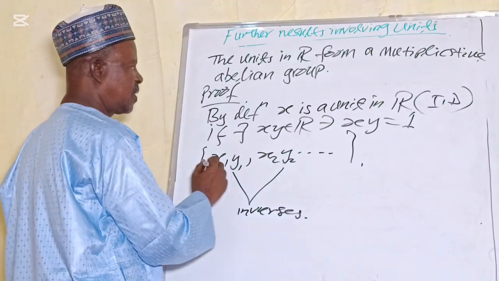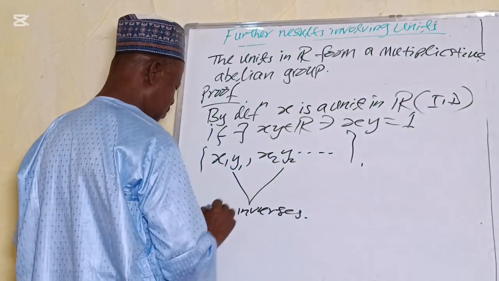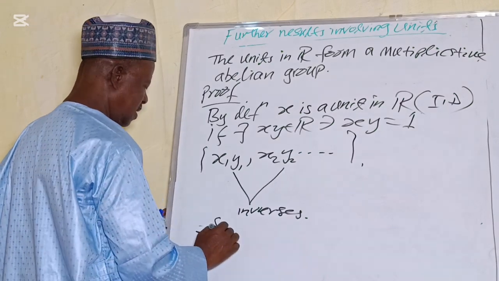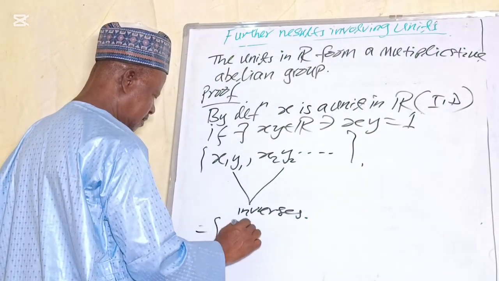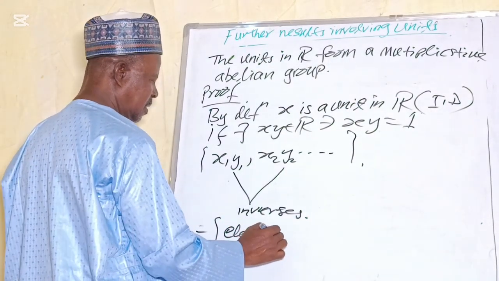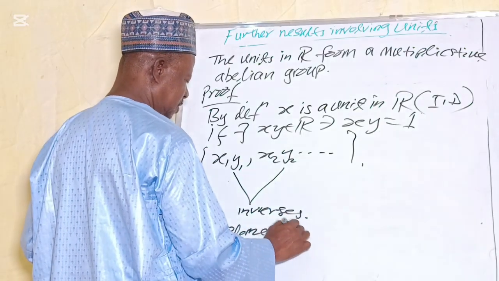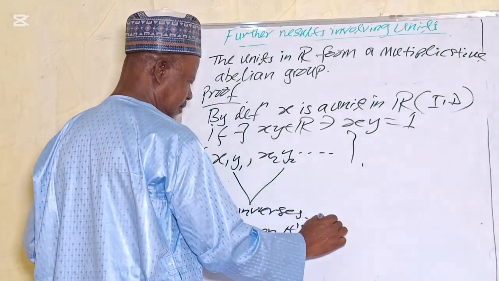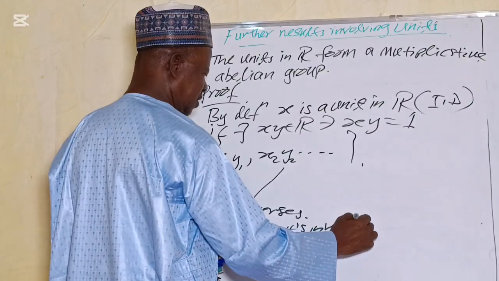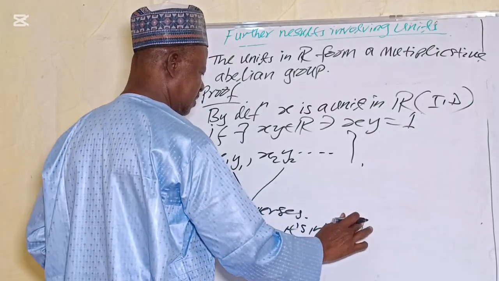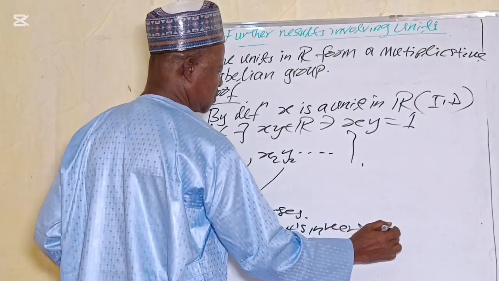So this collection is going to involve an element and its inverse, element and its inverse, and so on and so forth.